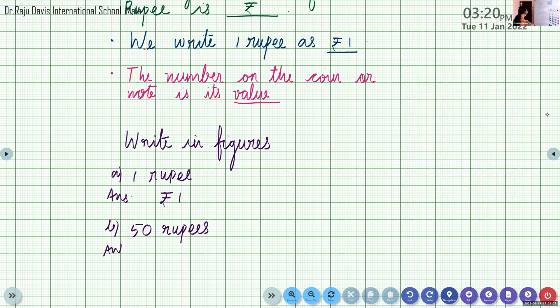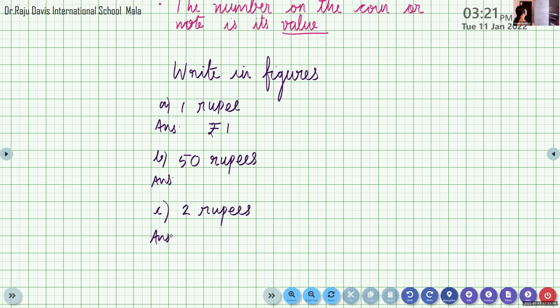And one more, C. 2 rupees. Ma'am, I cannot see the board. You can't see the board.